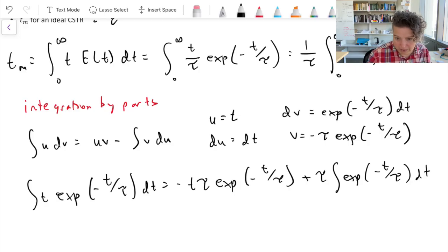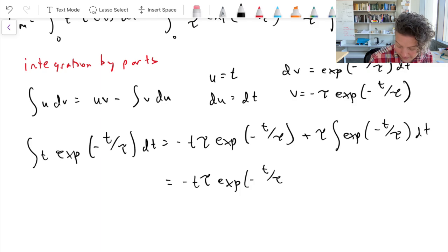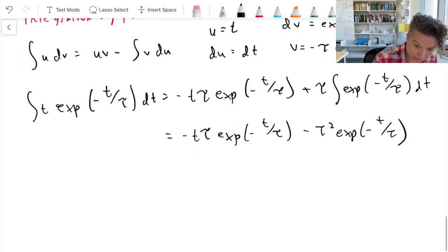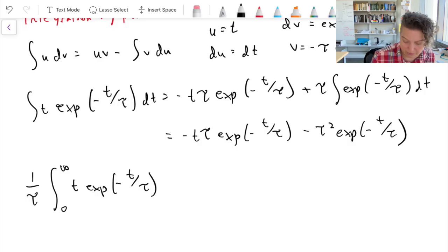This is going to be equal to negative t times tau exponential of negative t over tau minus tau squared exponential of negative t over tau. That's our indefinite integral, but we need 1 over tau integral between 0 and infinity of t exponential negative t over tau dt, which means we need to do limits.